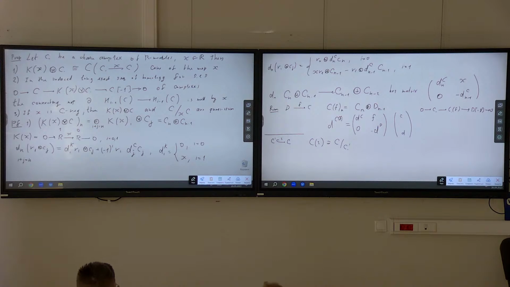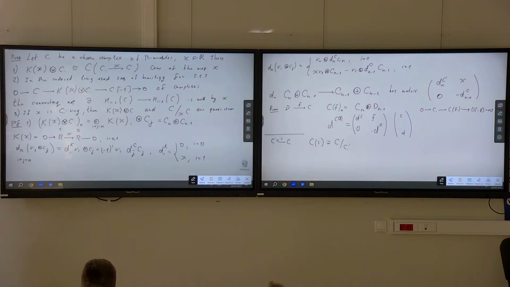Sorry for my ignorance, but why does a minus appear in the standard definition of the differential of the tensor product of complexes? Well, I would say that this is the standard Koszul sign convention, meaning that whenever you have two graded elements and you switch the order of these two elements, you're supposed to multiply by -1 to the power of the degree of one element times the degree of the other.